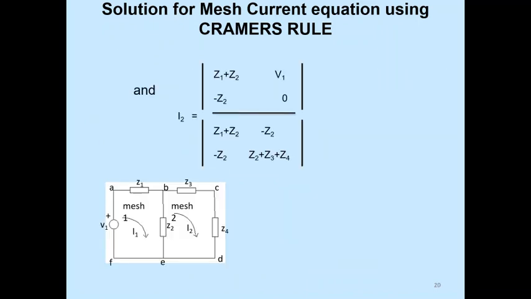Similarly, I2 is equal to delta 2 by delta, that is the determinant of Z1 plus Z2, V1, minus Z2, 0, divided by the determinant of Z. By solving this, we get I2. In this way, we can find I1 and I2.